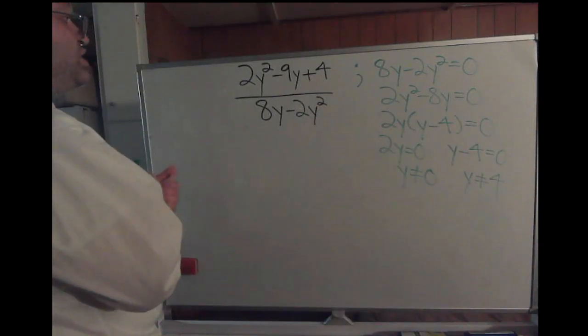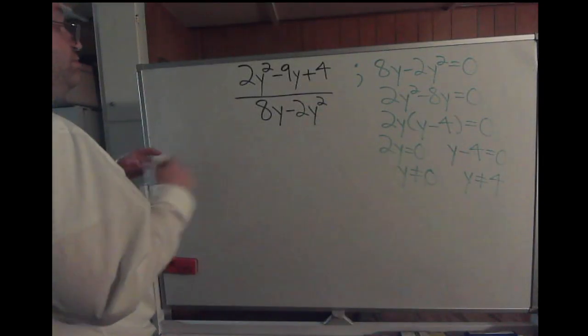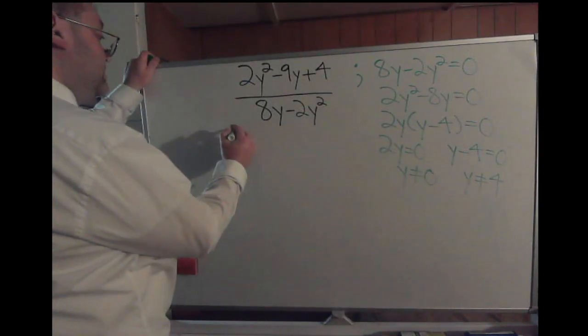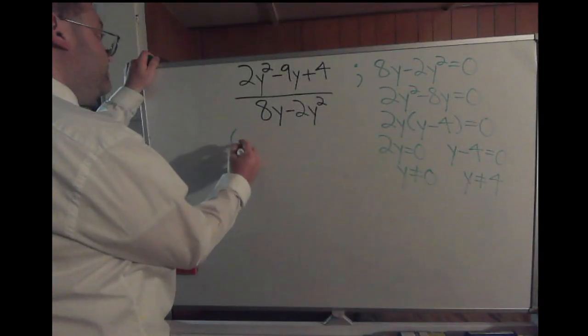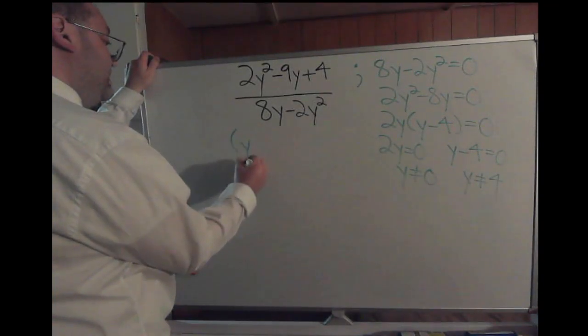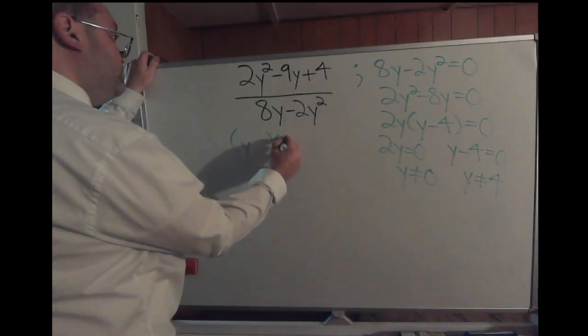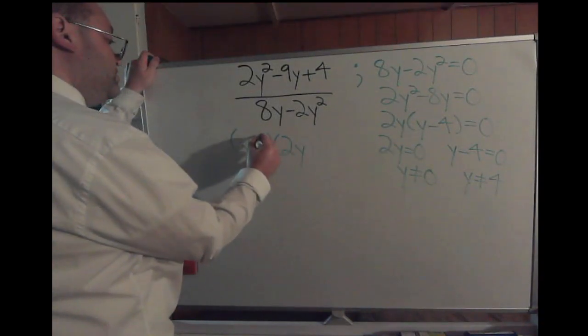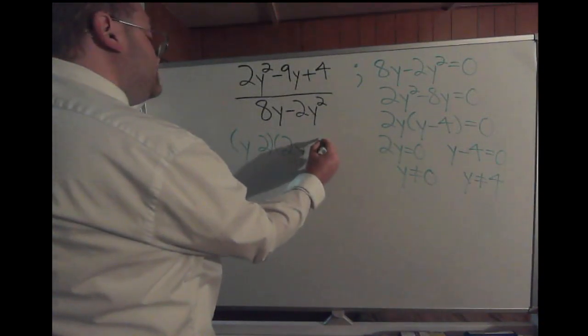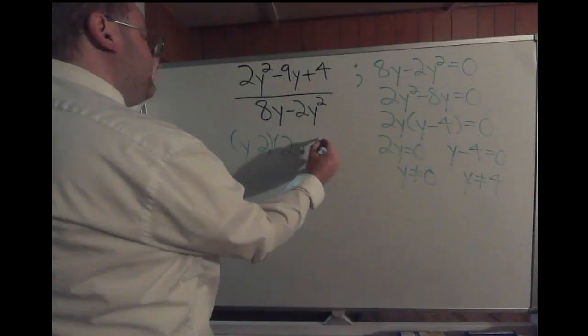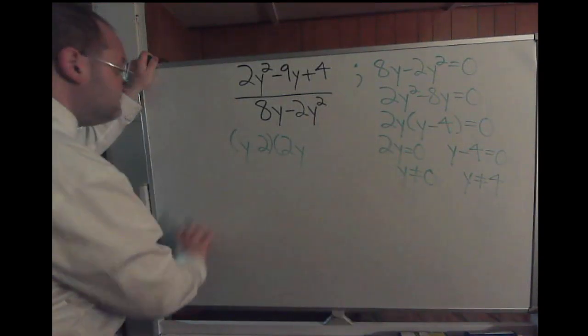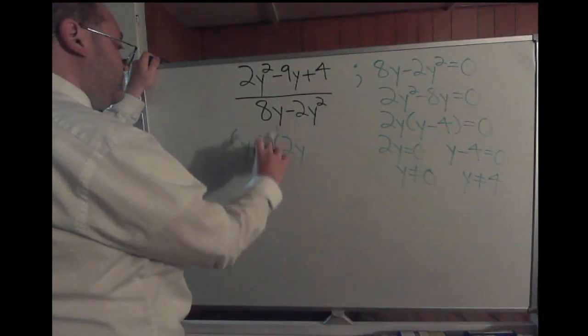So now let's go ahead, factor out the numerator. Let's see, you're going to have y times the quantity of 2y, should be 2 and, no, it won't be 2, it'll be 1 and 4.